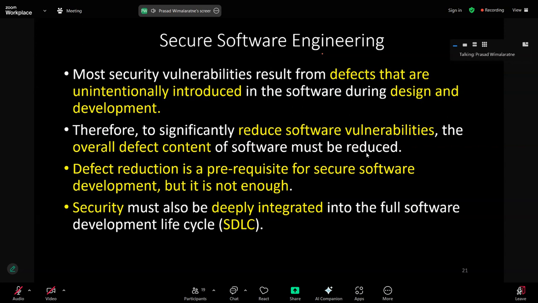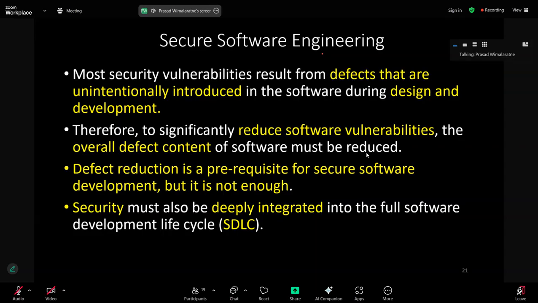In the good old days, the approach was build and patch. We didn't think much about security at early phases like requirements capturing, design, and coding. Once you have the artifact or the piece of software, we do security testing, identify the problem, and try to fix it.